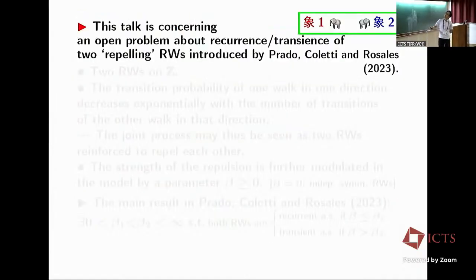My talk concerns an open problem about the recurrence or transience of two repelling random walks introduced by Prado, Popov, and Rosales.